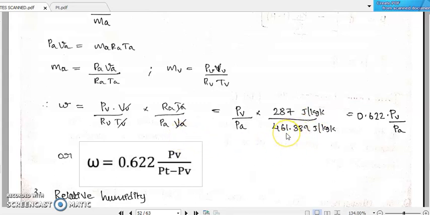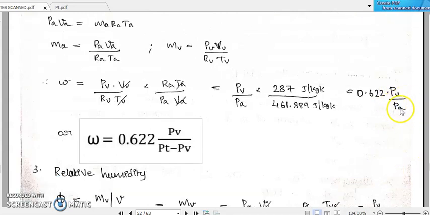From various experiments conducted by eminent scientists, the characteristic gas constant for water vapor was found to be 461.889 joules per kilogram Kelvin. So this ratio comes to around 0.622 times Pv by Pa.